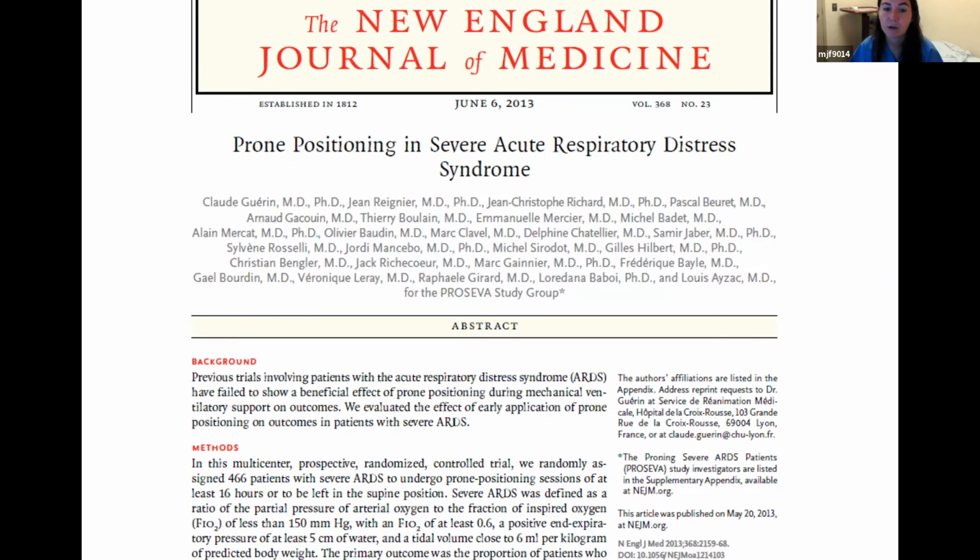So I see proning a lot here at Columbia now, but this is like an institution that really is very good at proning. So you can see at some outside hospitals, it can be difficult to get them to prone because they're scared, they're not used to it, afraid the ET tube will fall out, things like that. But I can't stress enough that this is the thing that has shown like the greatest mortality benefit. And so we should definitely be doing it.